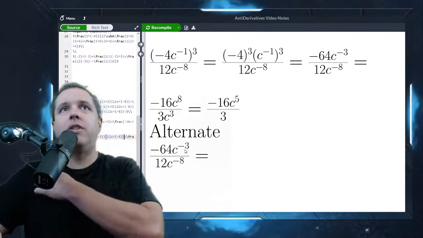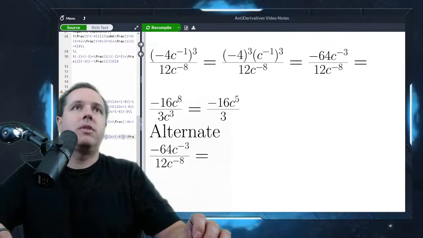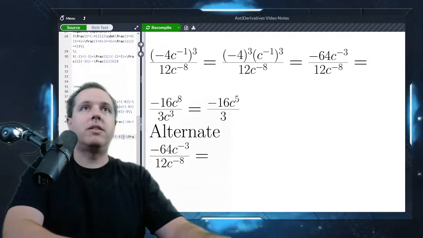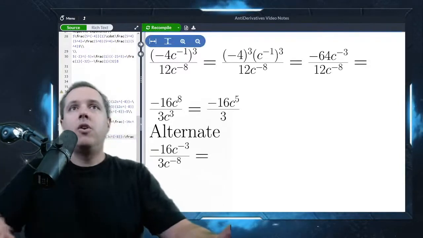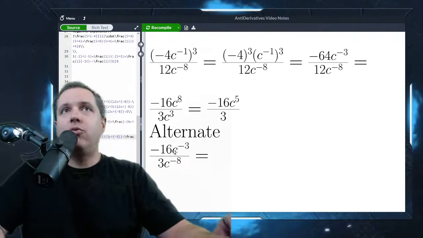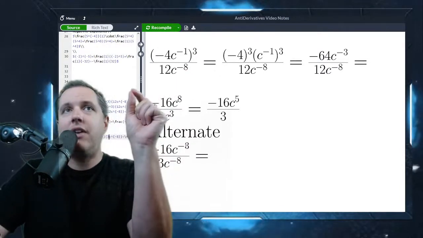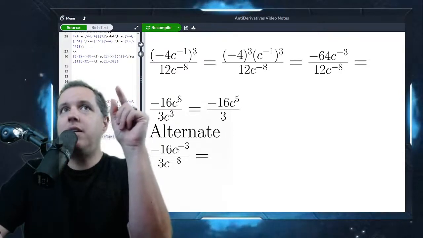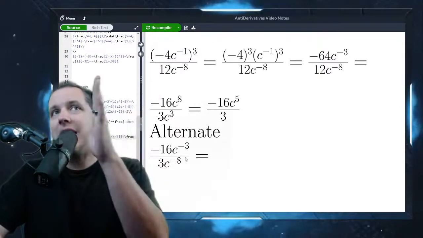Okay, well, what could we have done? We see that still would be 16/3, right? Okay, well, what we could just do is use that rule that says we can subtract the exponent. So this would be what? c to the negative 11 minus negative 8 would give me c to the negative 3 plus 5, really, because you're subtracting a negative 8.